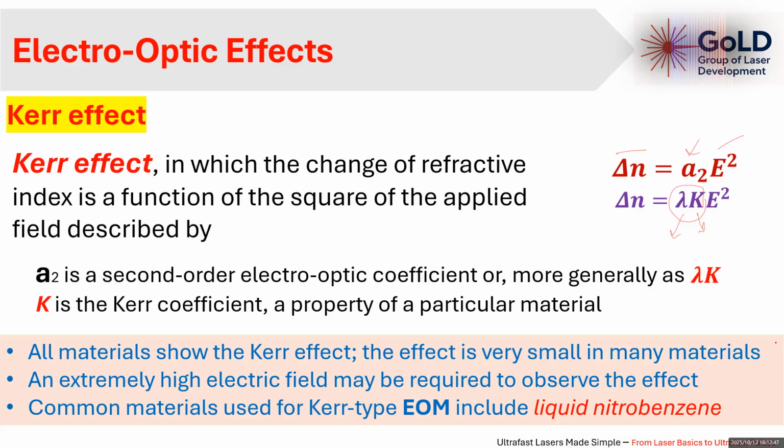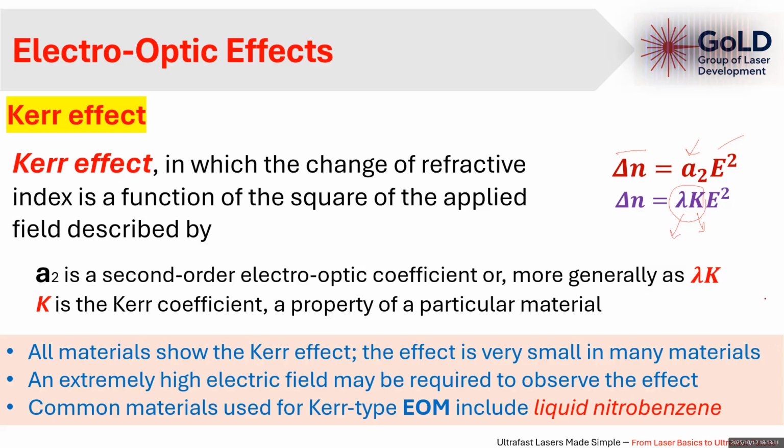A2 we can also call second order because of the twice the electric field. They use the second order electro-optic coefficient, and it's equal to lambda K. K is the Kerr coefficient, and it depends on the particular material.